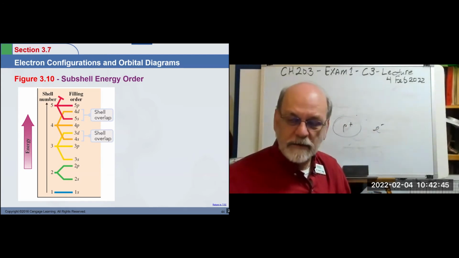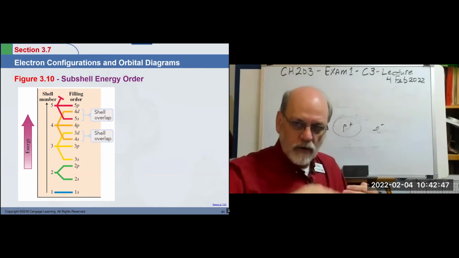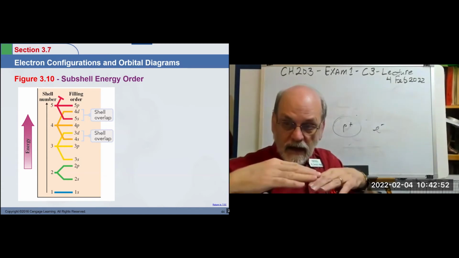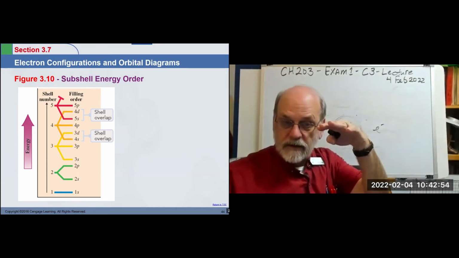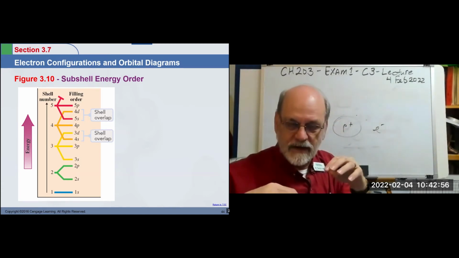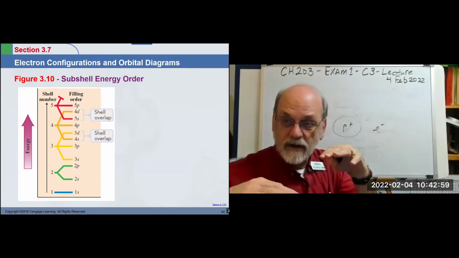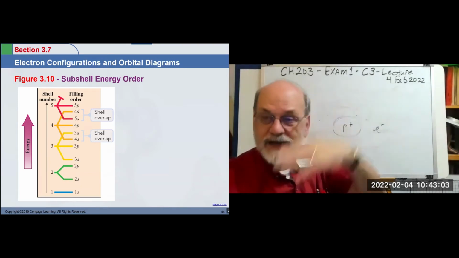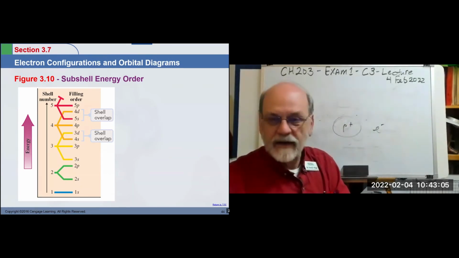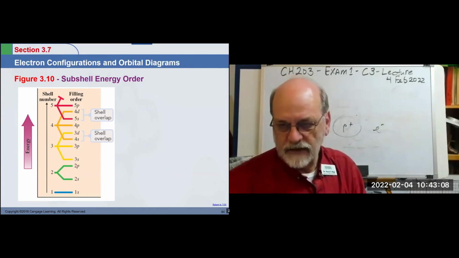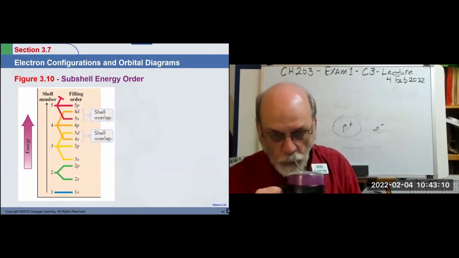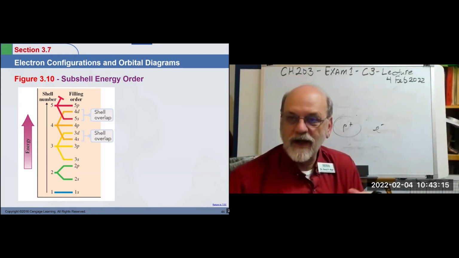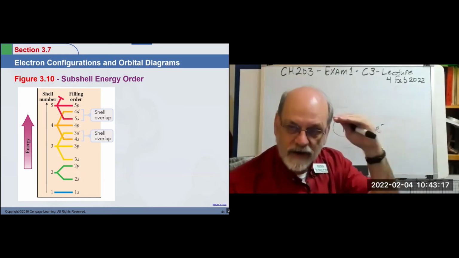So at a certain point, the order of filling of electrons in these energy levels flips. So what you would normally think is an electron going into a higher level should actually go into this level, and the next one should be out of order. Okay, that's not as daunting a problem as you might think, because we have a trick that will help us put electrons in the correct position.